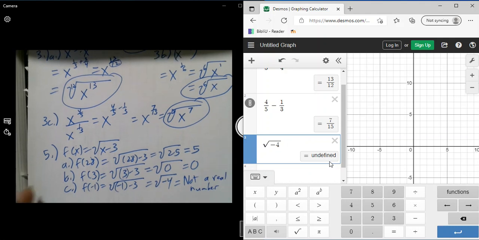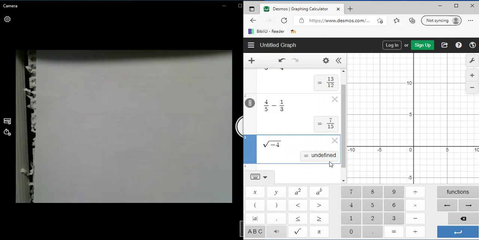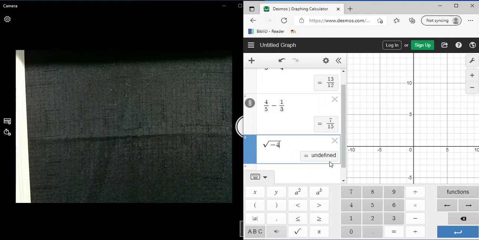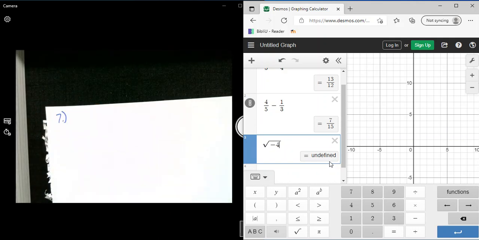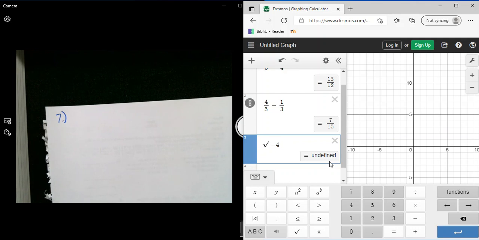All right, now we come down here to the last problem, which would be 7a and b. So 7, the length of time t in seconds it takes the pendulum of a clock to swing through one complete cycle is a function of the length of the pendulum in feet.